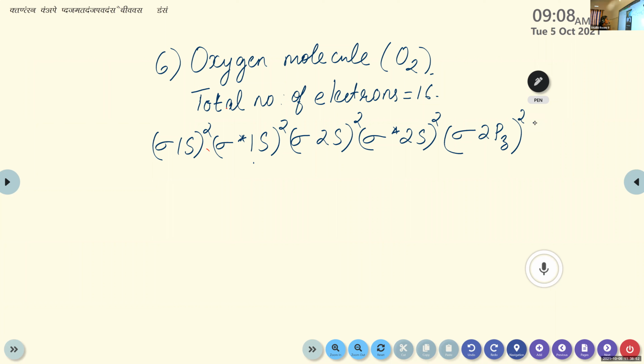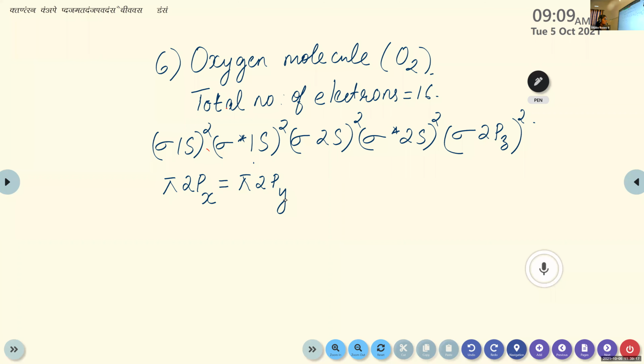So only for oxygen and fluorine molecule, it will follow this order. After sigma 2pz, we will move to pi 2px, pi 2py. Pi 2px is equal to pi 2py. What about the number of electrons in each?